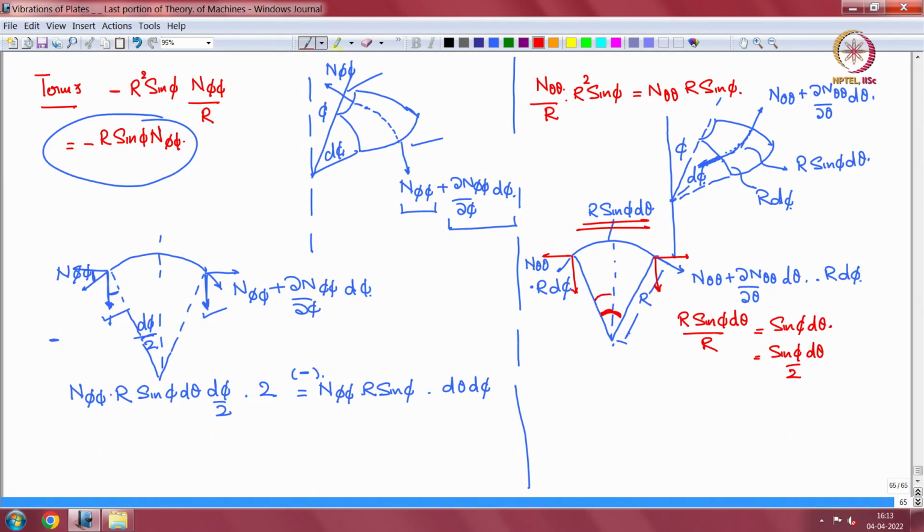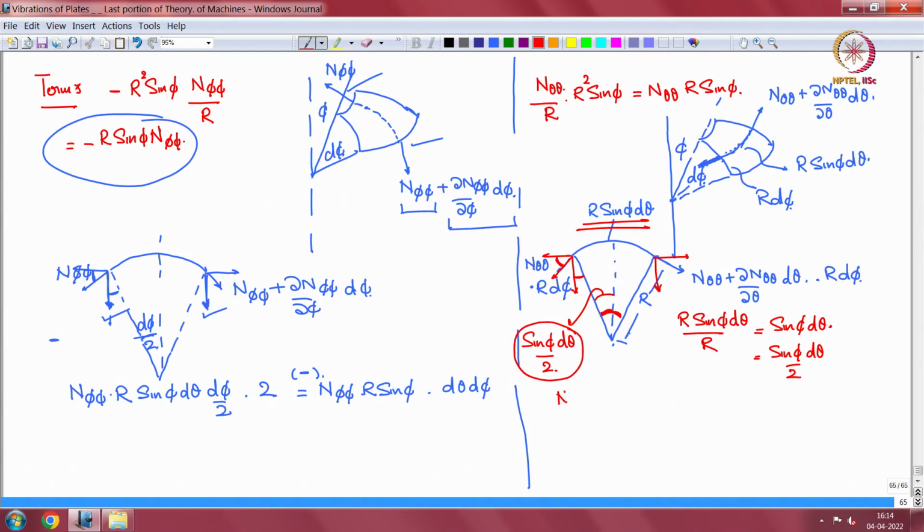So this half angle is sine phi d theta by 2, and therefore this is the same angle, and I want then the sine component. So just multiply by this.